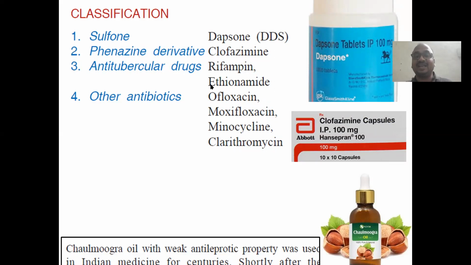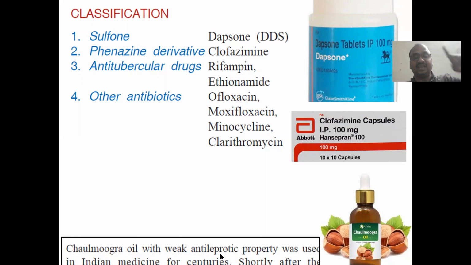Then you can say it is rifampin, ethionamide, and other antibiotics like aminoglycosides, ofloxacin, minocycline, clarithromycin, etc. But here keep in your mind, Dapsone and Clofazimine are very, very important. I have already told you this doesn't come under classification, but this is what we are using in India as medicines for the century.